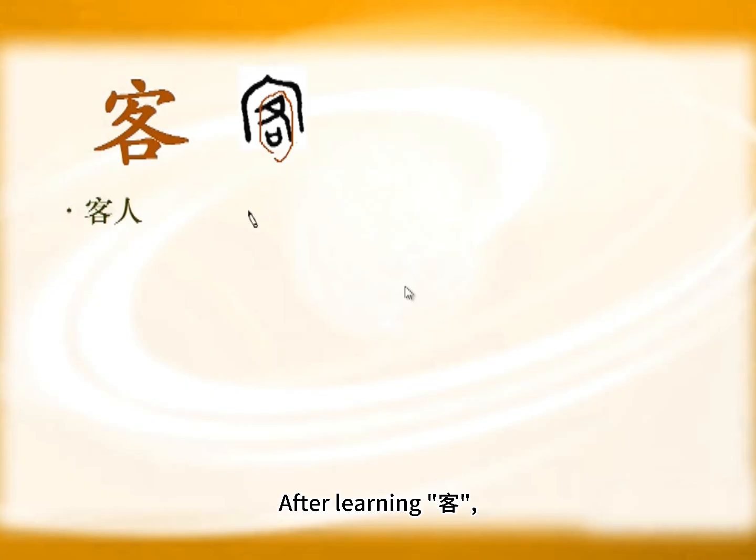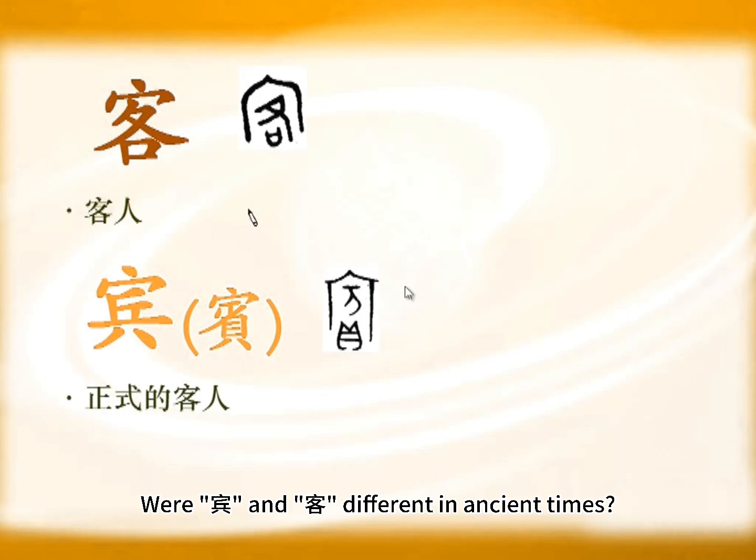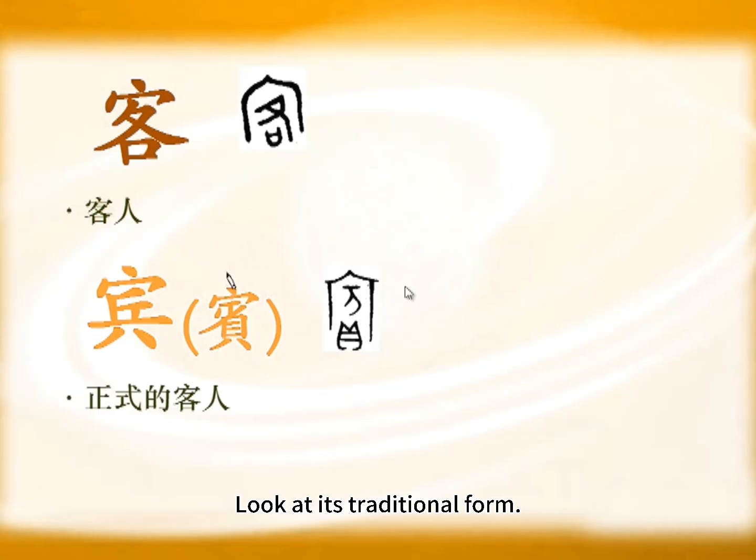After learning 客, let's also discuss 宾, distinguished guest. Today we say 宾客, combining them together. Were 宾 and 客 different in ancient times? Look at the character 宾. Look at its traditional form. The top is a house. The top half below is a person.